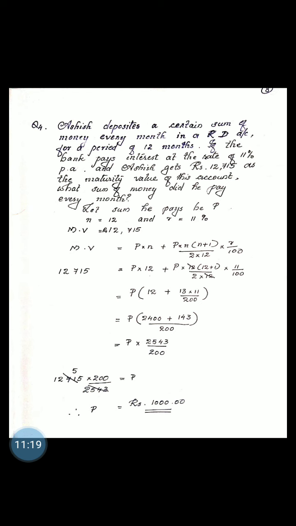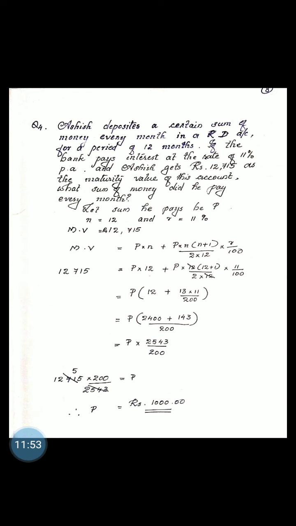P into 12 plus P into 12 into 12 plus 1 by 2 into 12 into 11 by 100. Simplify this. 12 and 12 can be cancelled. And you can take P outside. In the right side, you can see P is common.